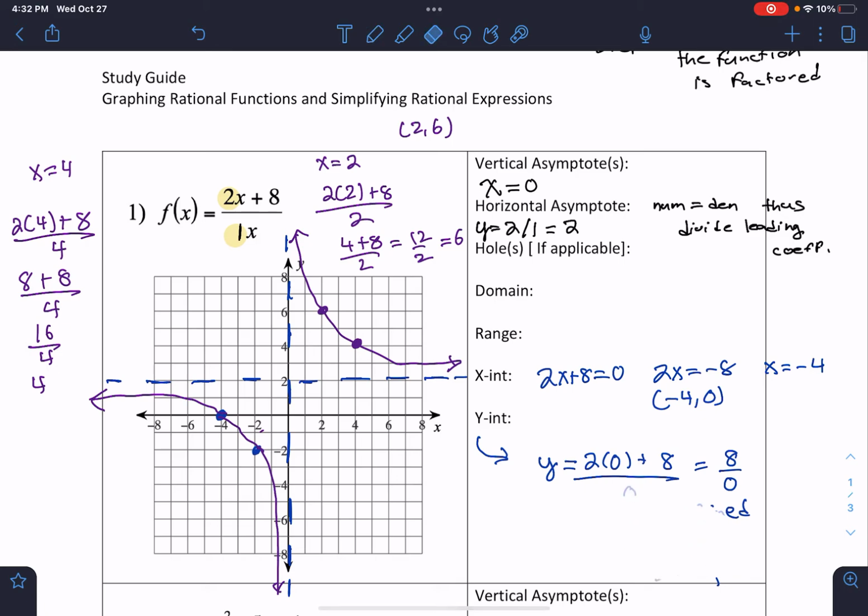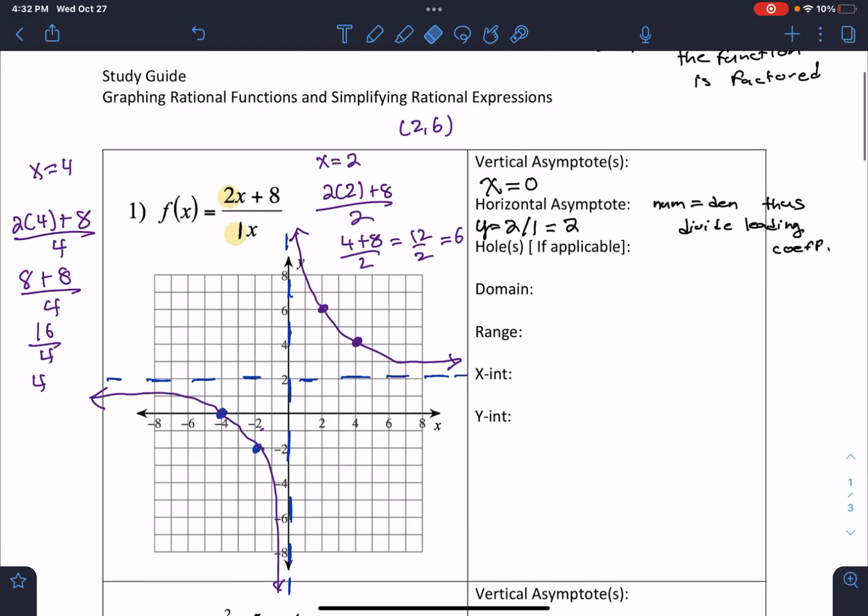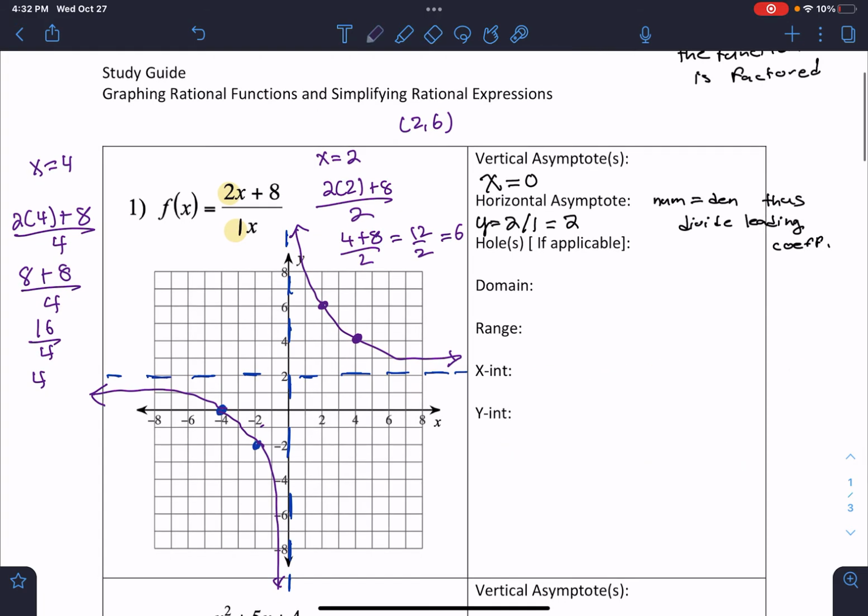So what do we still need to do? We still need to find our domain and our range. So let's look at our domain, which means all possible x values. We're going to read it left to right. So I'm going on this journey on my x.